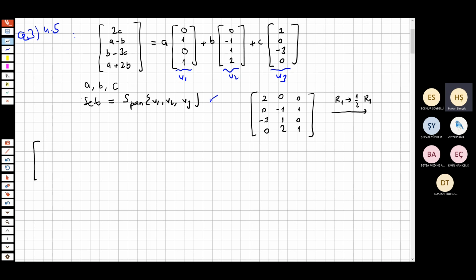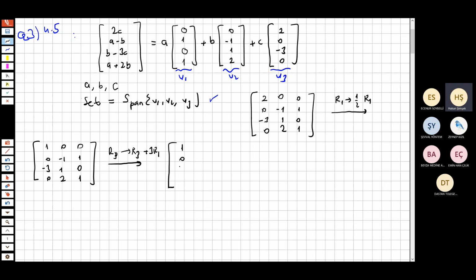So we have 1, 0, 0, 0, minus 1, 1, minus 3, 1, 0, 0, 2, 1. From here, because in the third entry we have a non-zero number, R3 is replaced by R3 plus 3R1.